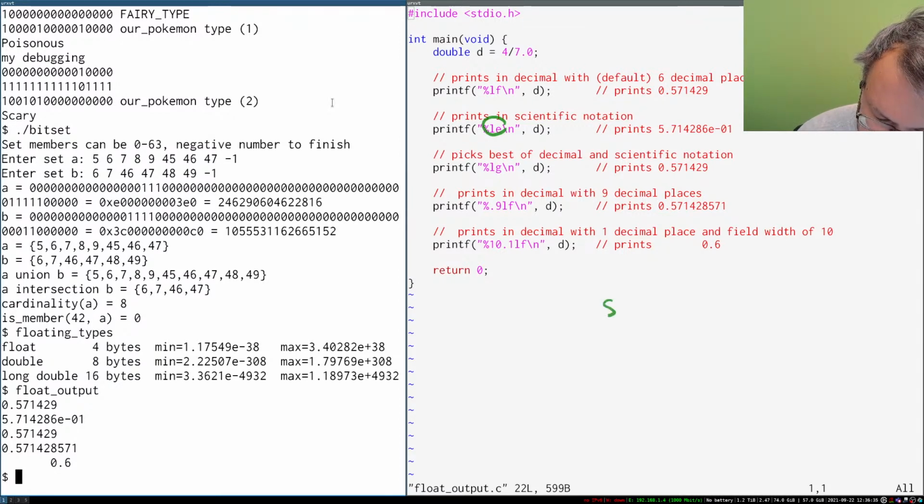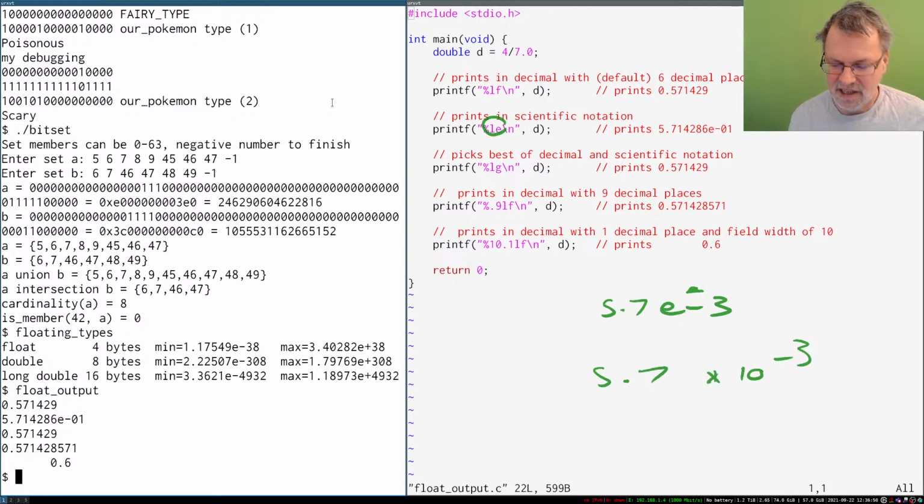But if I say 5.7e-3, that means 5.7 times 10 to the minus 3. And as the wording would suggest, this sort of notation is fantastic for doing science. It's a nice way of writing numbers.